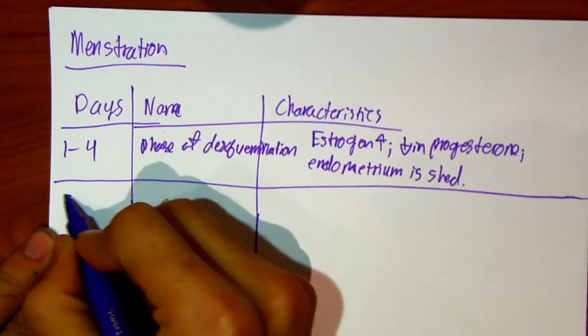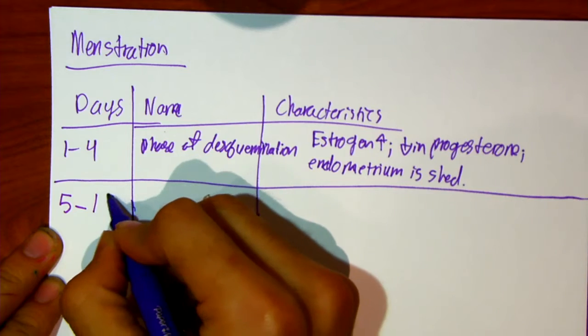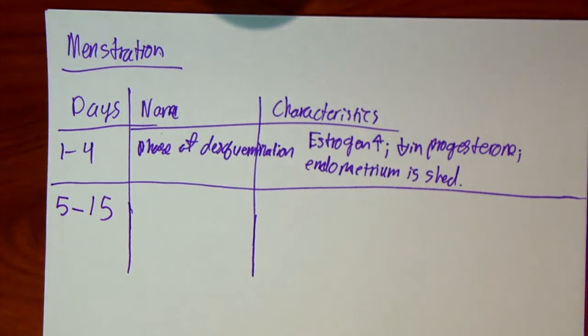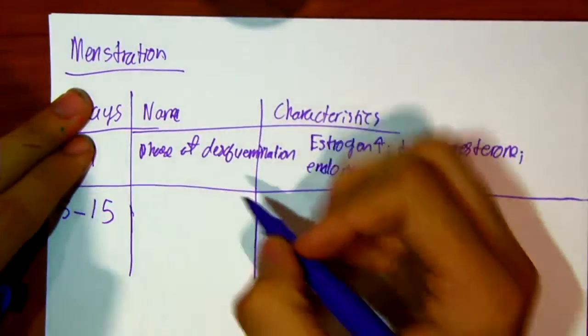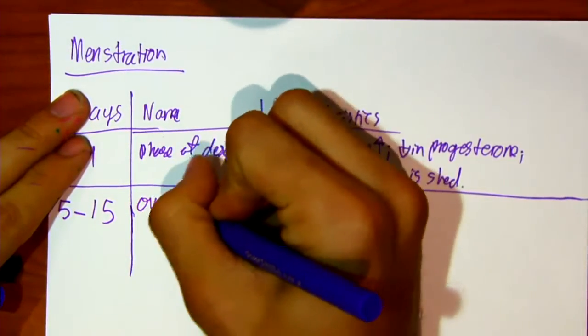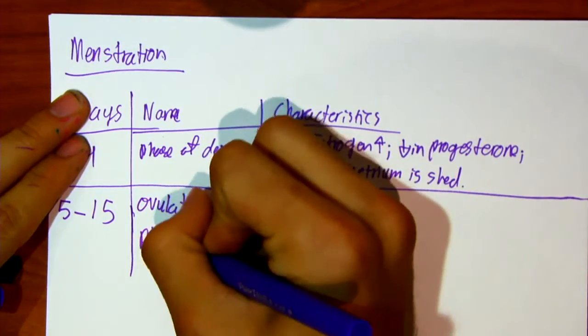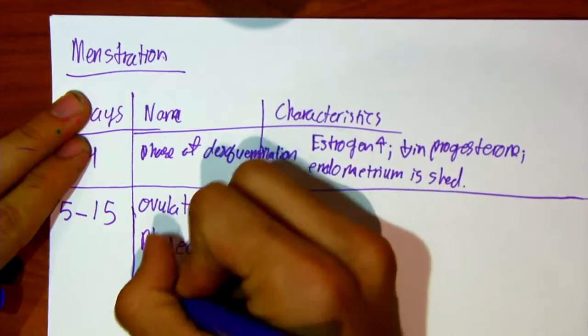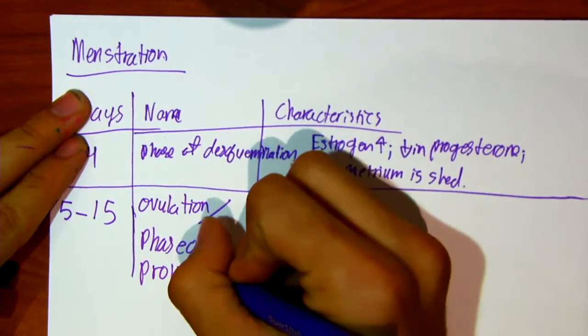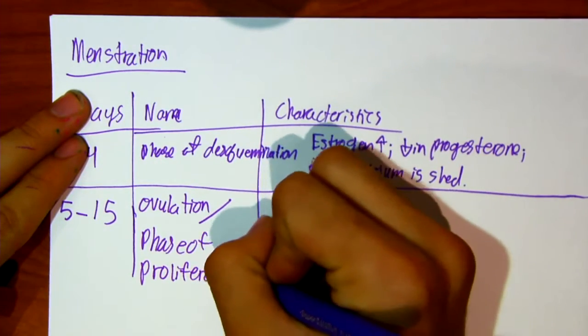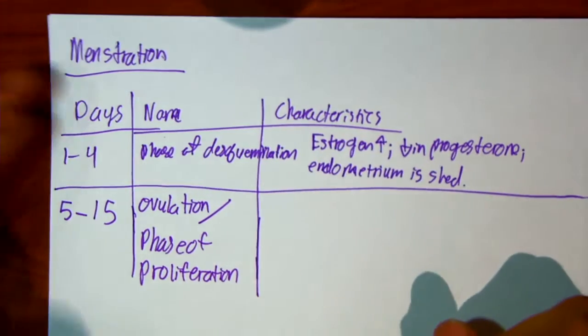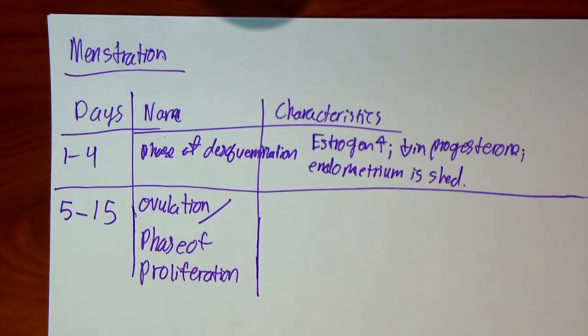So the next set of days is days 5 to 15. Do you guys know what that phase is called? Yeah, so one of the names is ovulation, but it's also called the phase of proliferation. All right, so in this phase, let's talk about which hormone predominates.